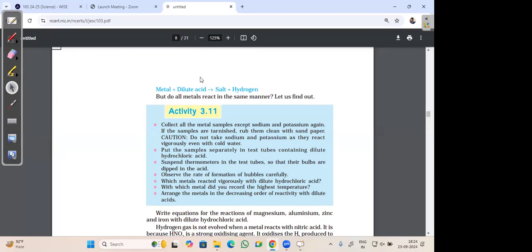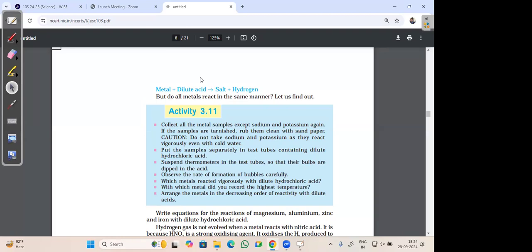Can anyone answer? Sir, because it is a strong oxidizing agent. Yes, nitric acid is a strong oxidizing agent. So it oxidizes the hydrogen produced.